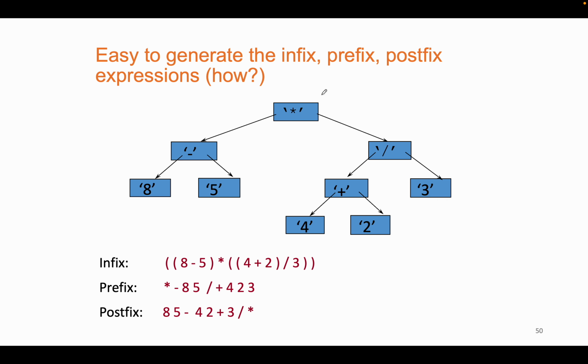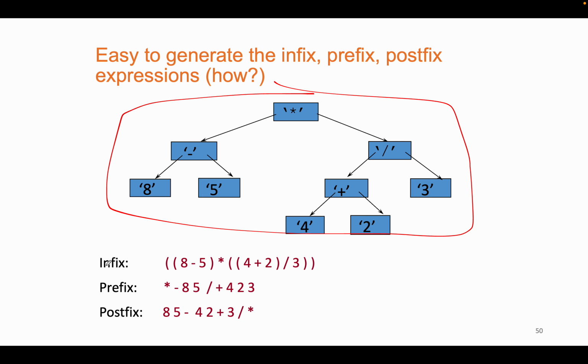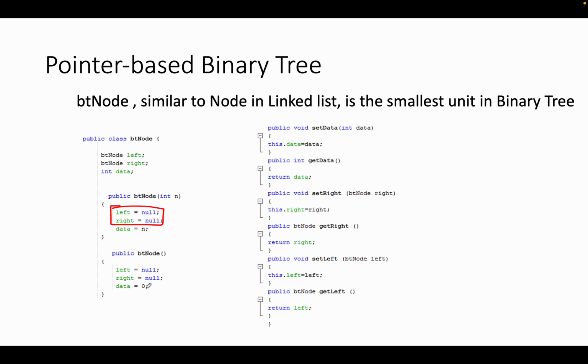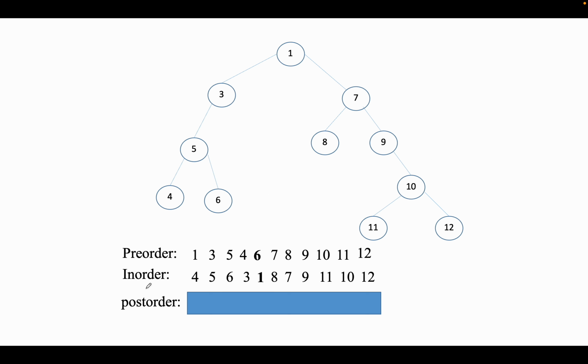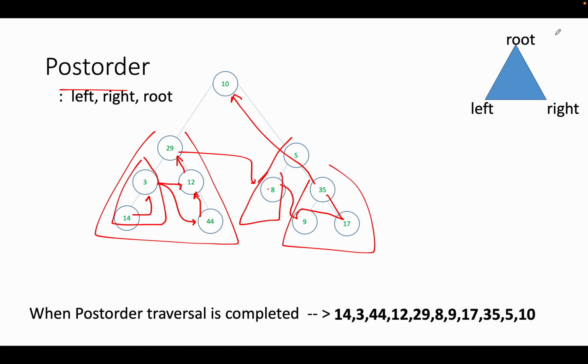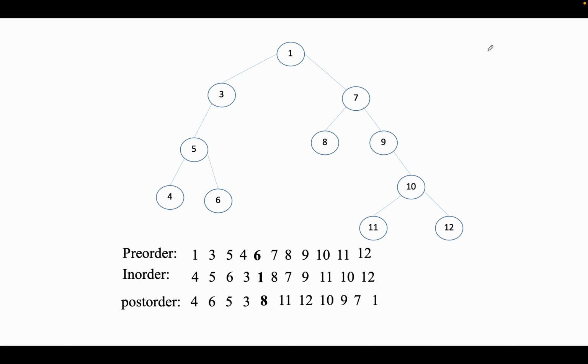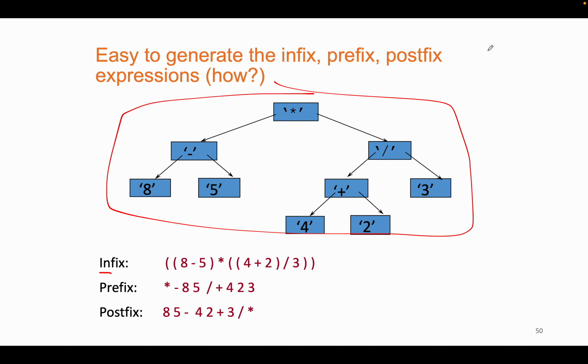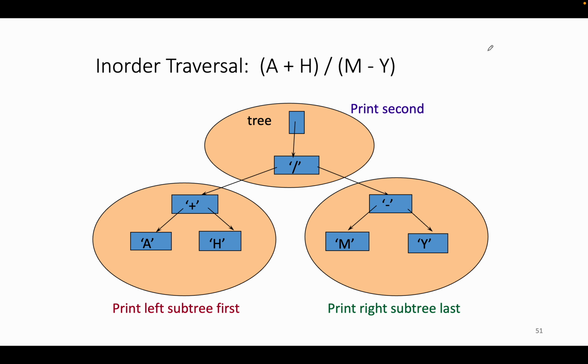And then if you are able to draw this tree, then you can also trace back to the infix, prefix, and postfix based on the visit order, like left, right, root, something like that. Then you will get the value of the infix, prefix, and postfix. If you follow this protocol of prefix, postfix, then you will be able to trace back.